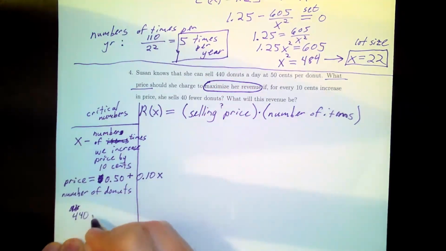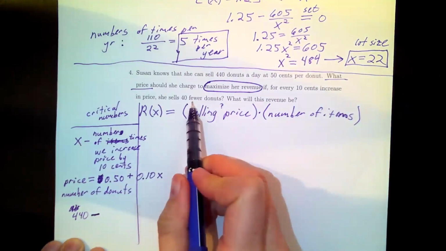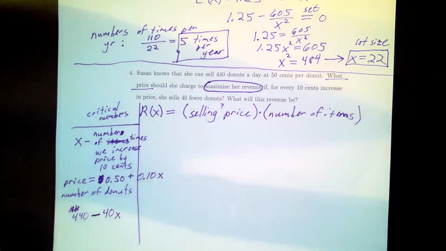But each time that she increases the price, we lose customers. So that's fewer donuts, which means it's going to be subtracted. And how many fewer donuts are getting lost? 40 for each time that she increases the price.